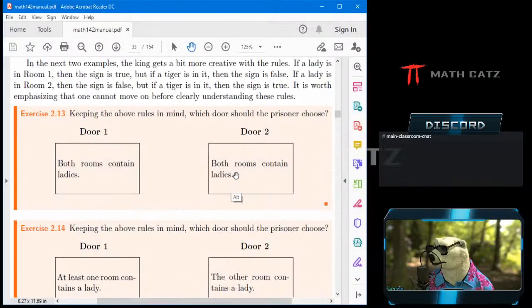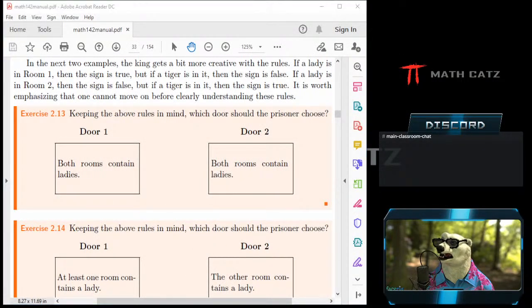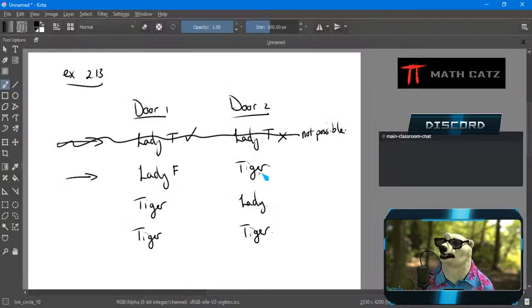Door 2 says both rooms contain ladies. That's again false. Now that doesn't mean it's a bad thing or really anything. I've just evaluated, assuming my scenario is what's happening, how do the doors behave? Now I compare that to how the king says they should behave.